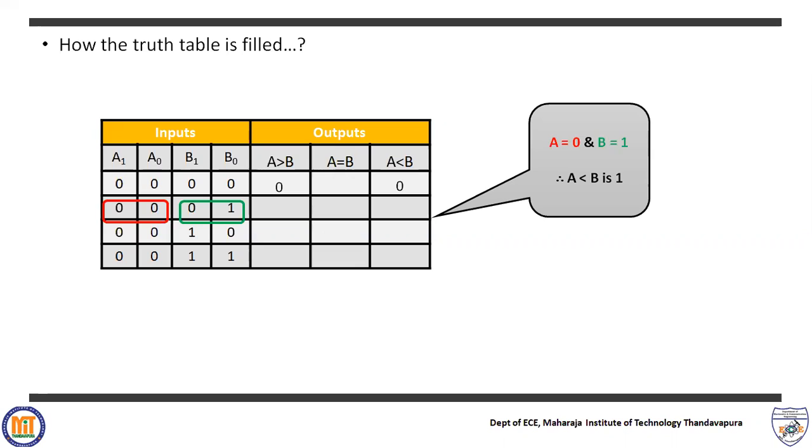So A is 0, B is 1, which states that A is less than B. Is it understood? So the output column A less than B will be 1. Any doubt in this?